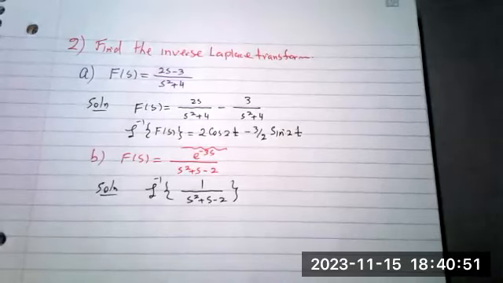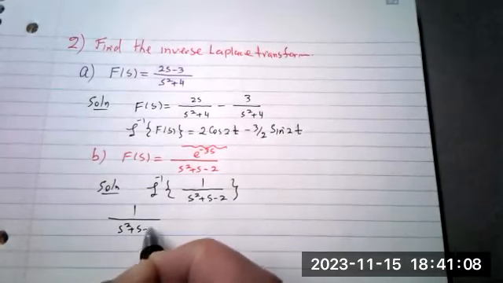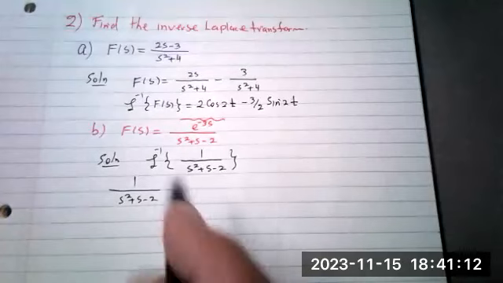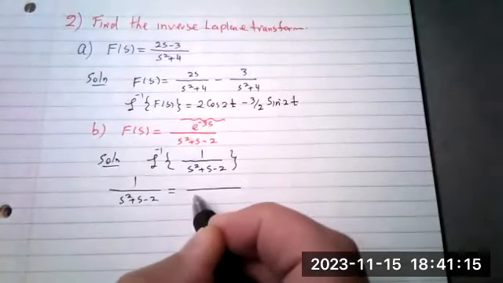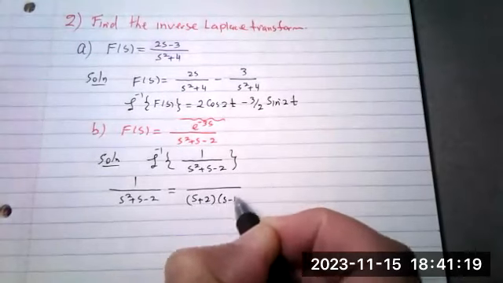Then we switch it. So you do the inside one first. It's easy because it's factorable. It's going to be 1 over s squared plus s minus 2, so that gives you s plus 2 times s minus 1.